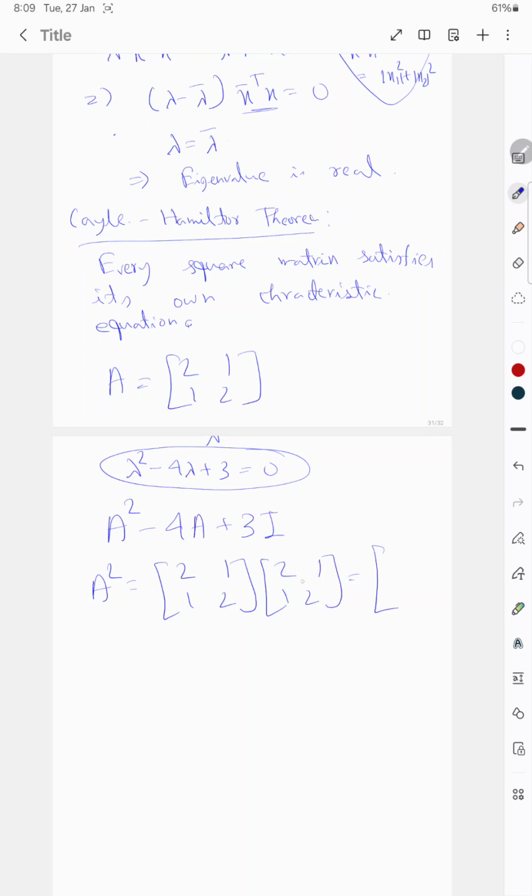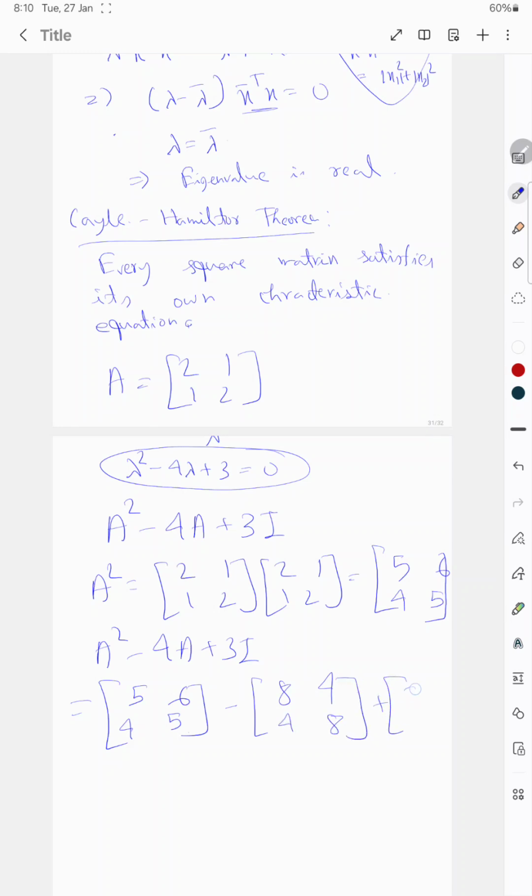So basically what you have, 4 plus 1 is 5, 2 plus 2 is 4, 2 plus 2 is 4, 1 plus 4 is 5. Now do A squared minus 4A plus 3I. So here you have 5 4 4 5, after that minus 4 times A, so basically 8 4 4 8, plus 3 0 0 3. So from there you are getting 0 0.